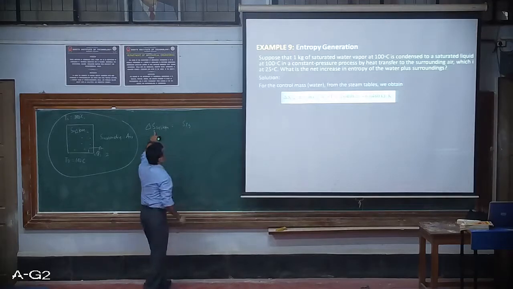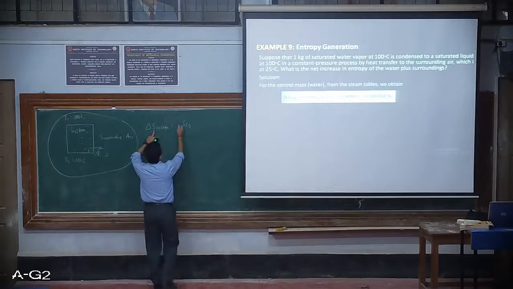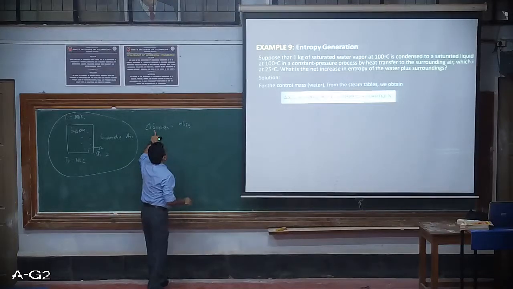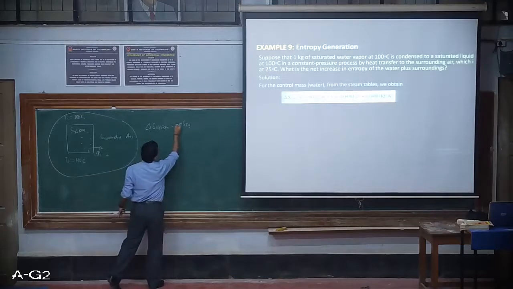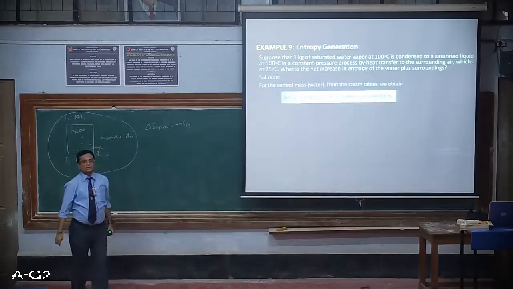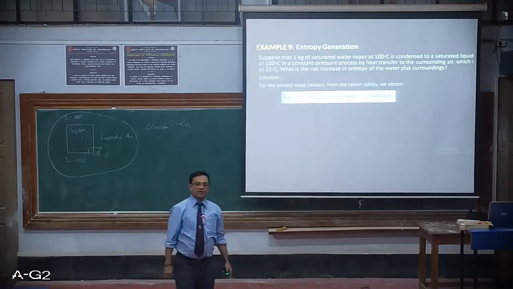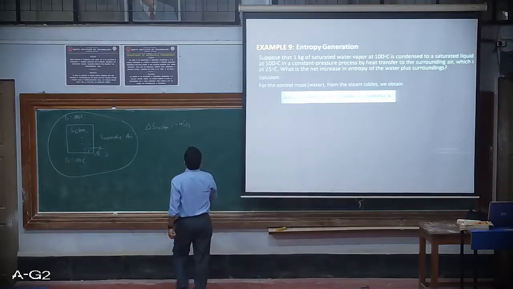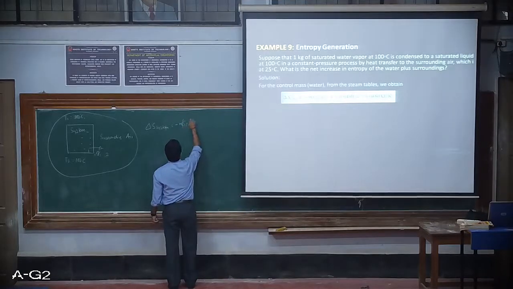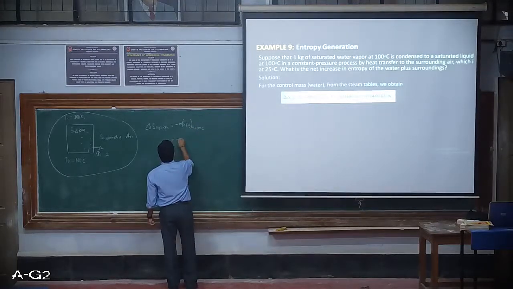Since I am calculating total entropy, with mass we have to calculate. Now since heat is transferred because it is getting condensed, the sign is negative. So here delta S of the system is equal to minus m SFG. Here the value of SFG is to be calculated at a temperature of 100 degrees Celsius from property tables.